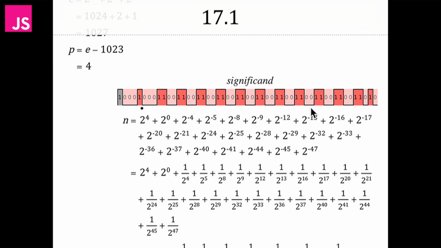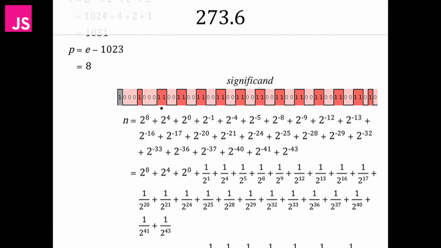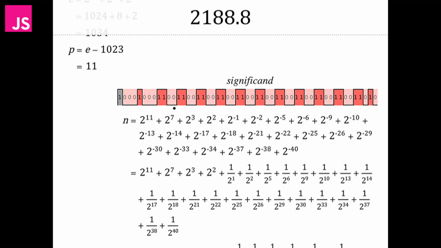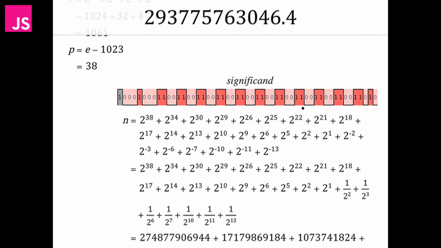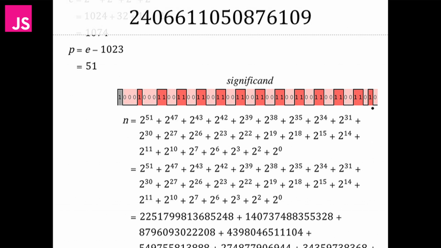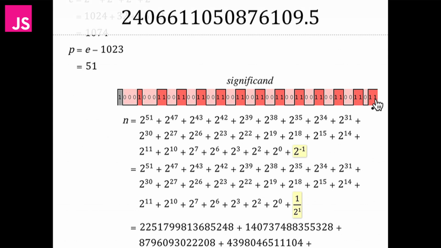What is even more important is that the bigger number we get in terms of the integer value, so when we need more and more bits for the integer part, the less bits we have left for the fraction part. So when we move the point right to the end of this representation, let's see to this point, for such a large integer's value, we have only 1 bit left for the fraction part. So we can only represent the half. We can't represent any other fraction for such a large numbers.